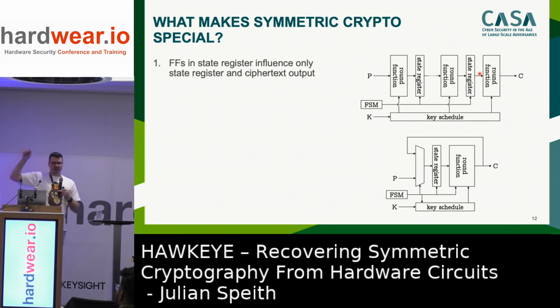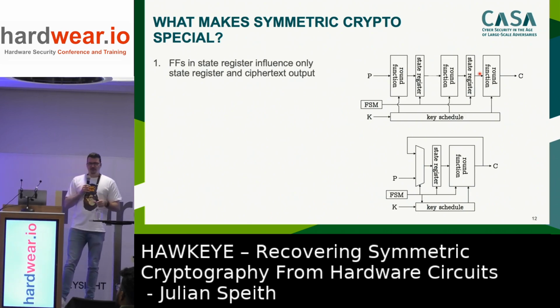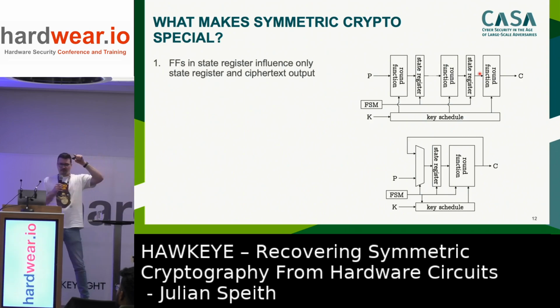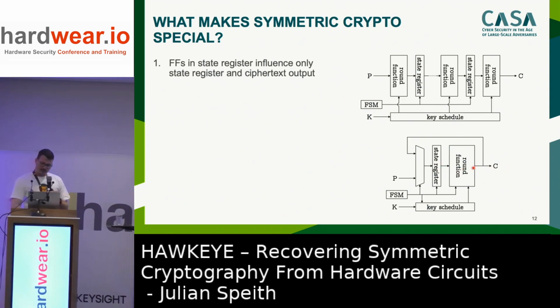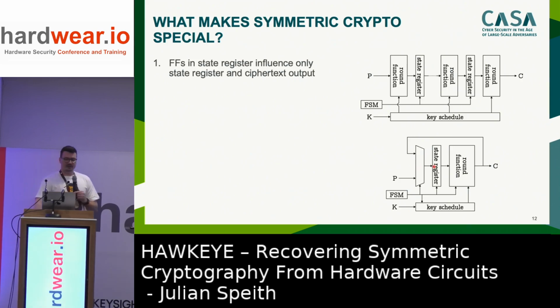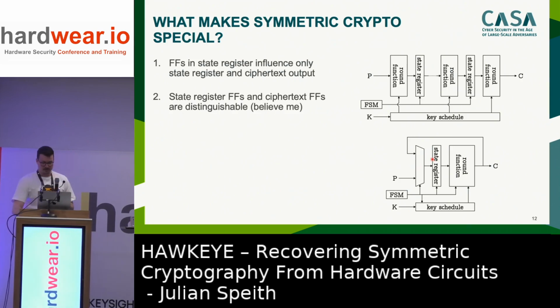There is no branching out of this construction. If we were to branch out with intermediate states of the encryption, this would be a huge security problem. So we can safely assume that there are no other connections from the state register going anywhere. And the same is also true for the round-based design, just that it immediately leads into the ciphertext and then back into itself as well.